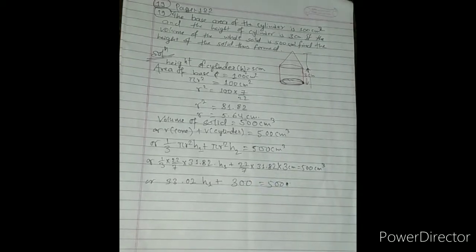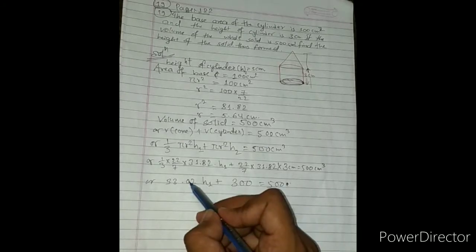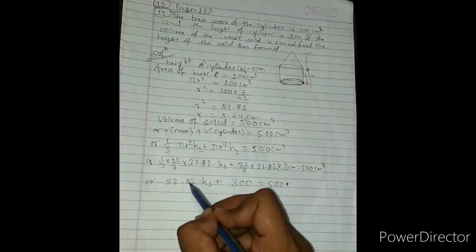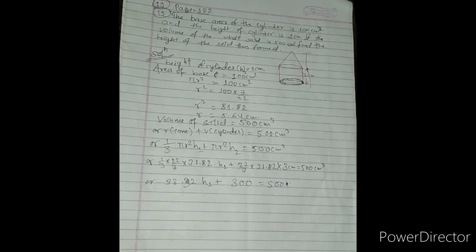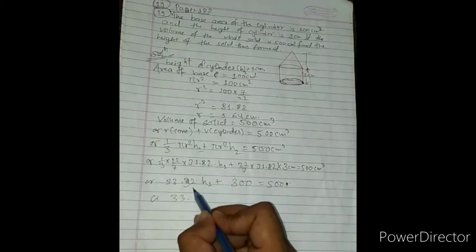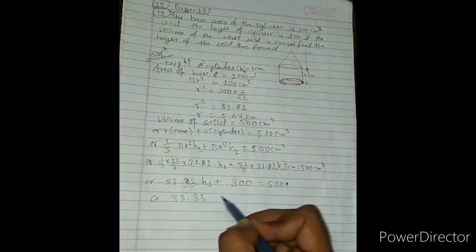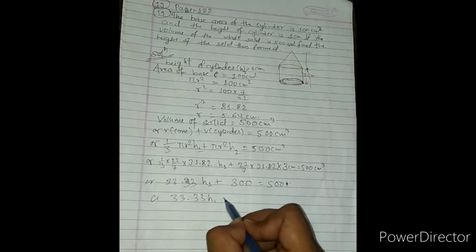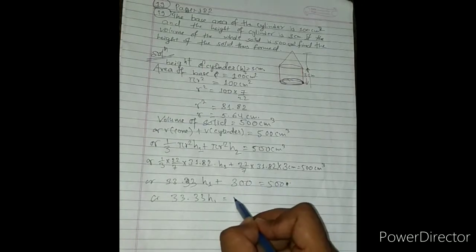So 33.33 h1 equals 500 minus 300, which is 200.